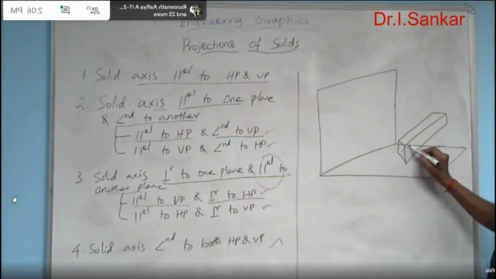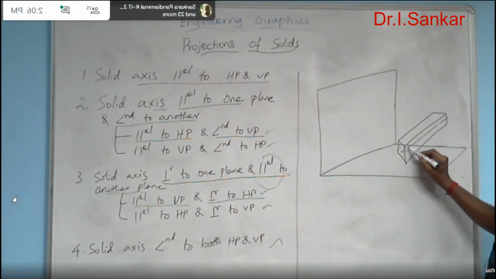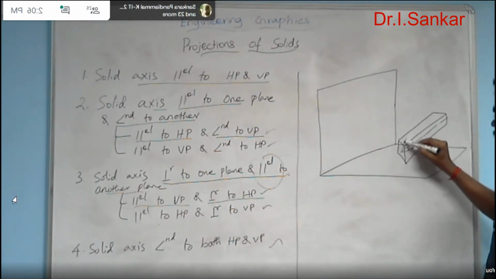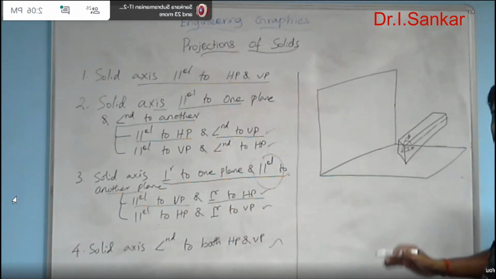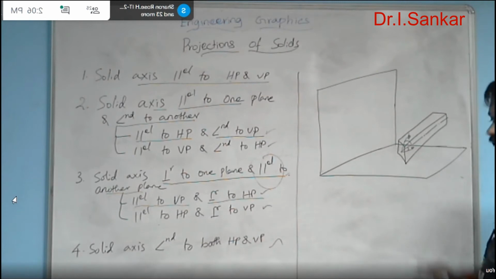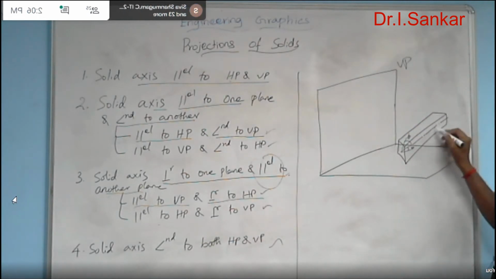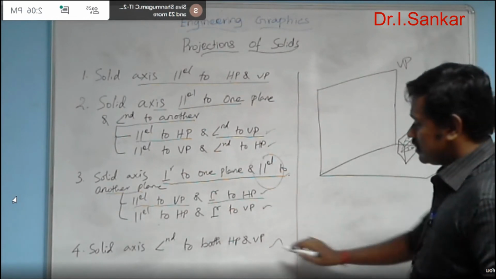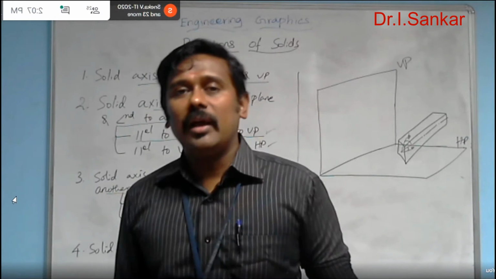See here, now the solid axis is inclined to HP as well as inclined to VP. It is not parallel to HP or parallel to VP. With both principal planes, the axis of the solid has some inclination. So this is nothing but the last case, solid axis inclined to both HP and VP.